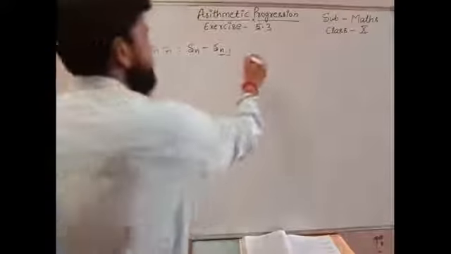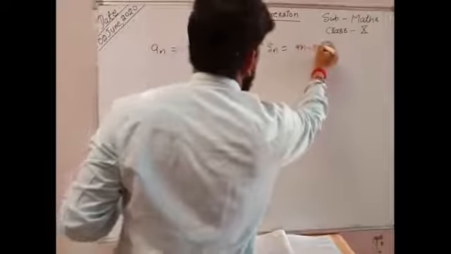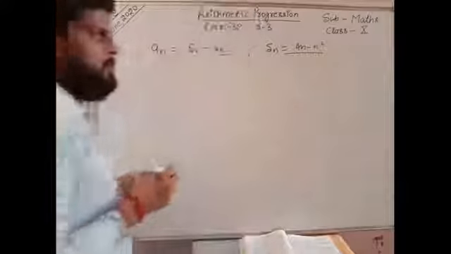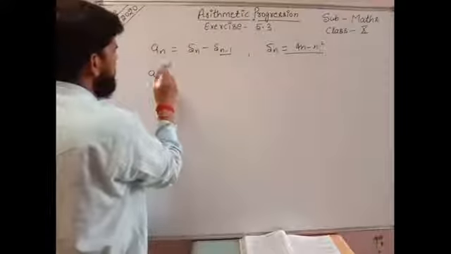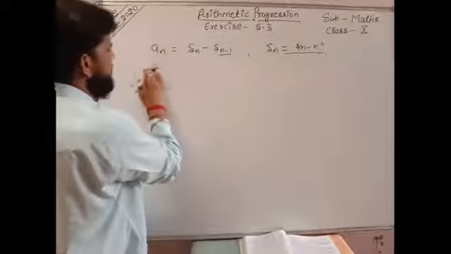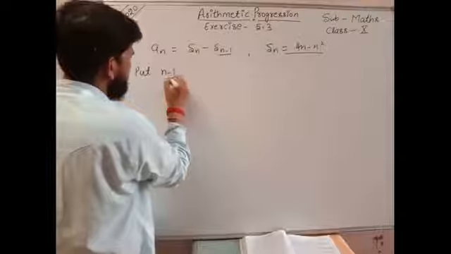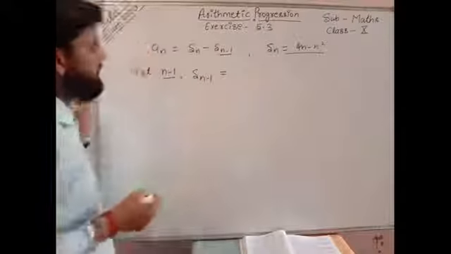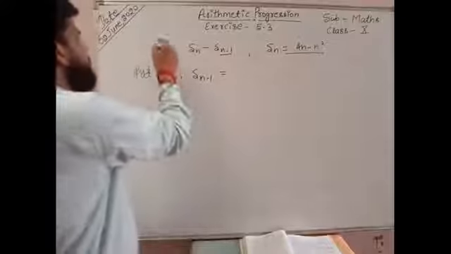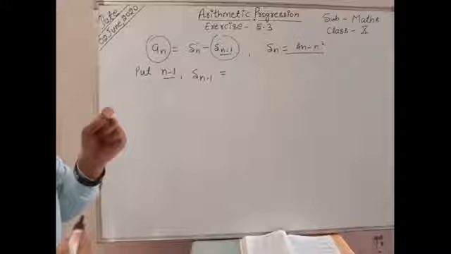But in the question, Sn is already given. Sn is equal to 4n minus n square. Okay students, so now I will calculate Sn minus 1. Why are we calculating Sn minus 1? Because for calculating the nth term, we have to calculate Sn minus 1 also.